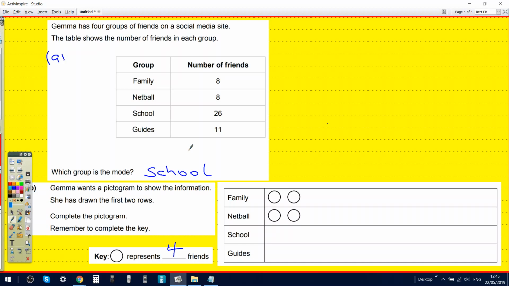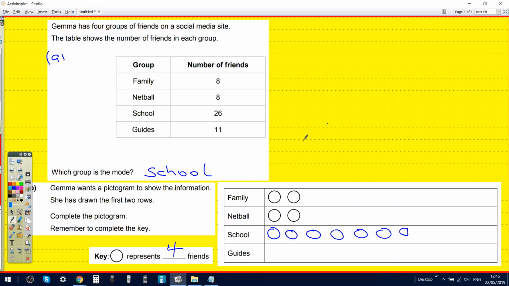So it's going to be 6 circles. So that's 24. And then we've got 2, so it'll be half a circle. And that's 26. So for the next one, 11.